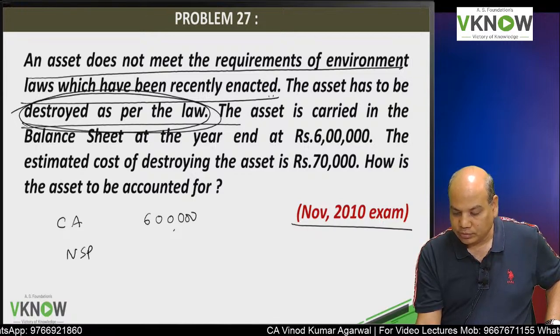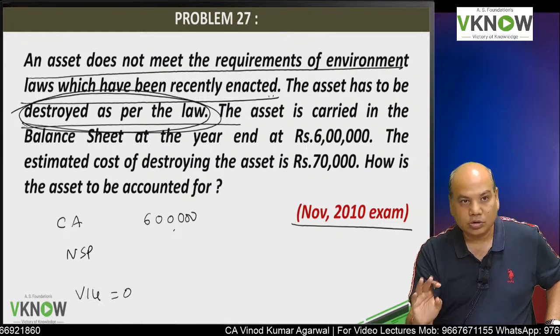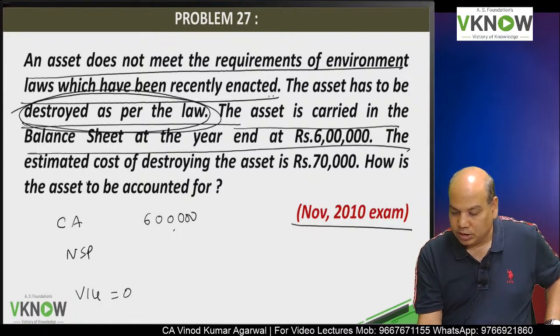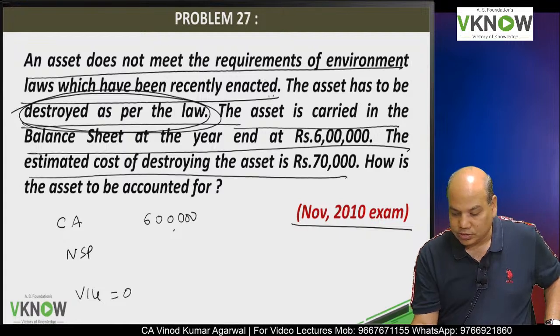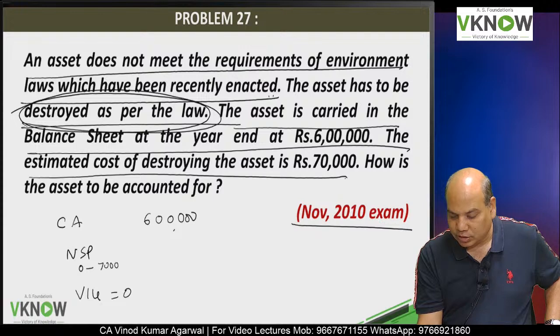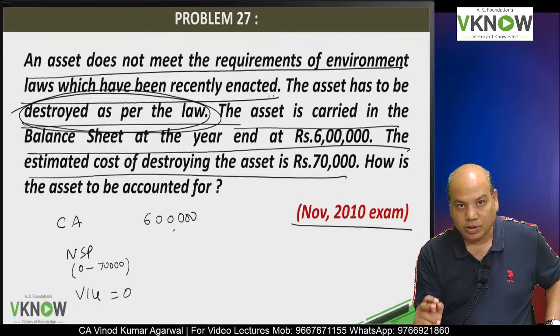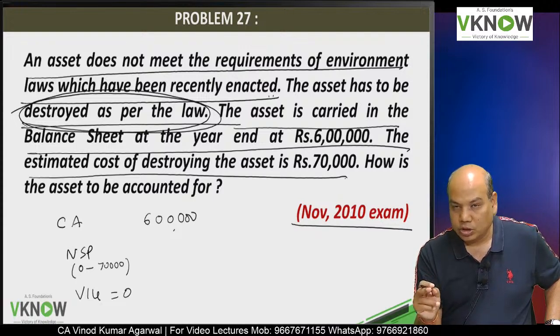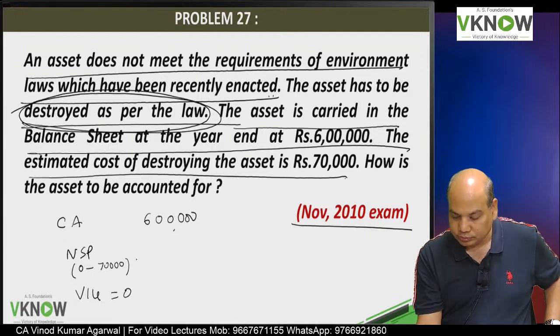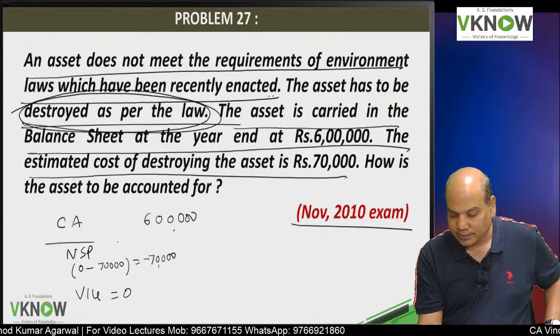Value in use will be 0, you are not going to use it, but the estimated cost of destroying the asset is 60,000. So net selling price will be 0 minus 70,000. You will not be able to sell it, but you have to incur a destroying cost, disposal cost. So minus 70,000 is the net selling price.